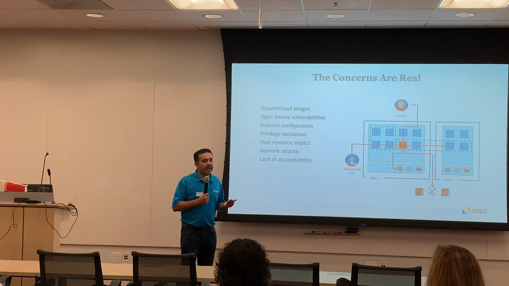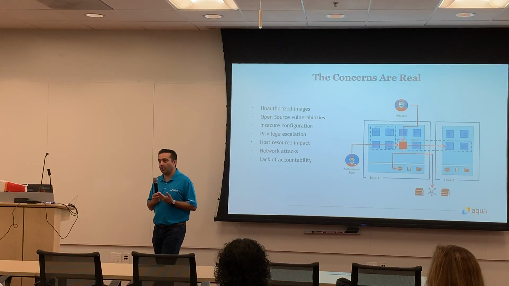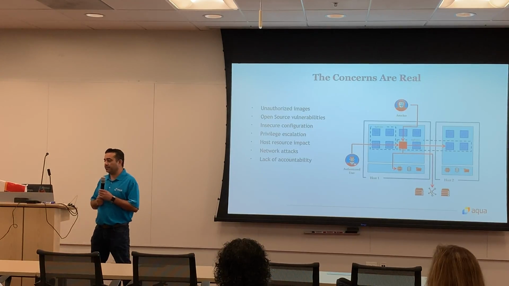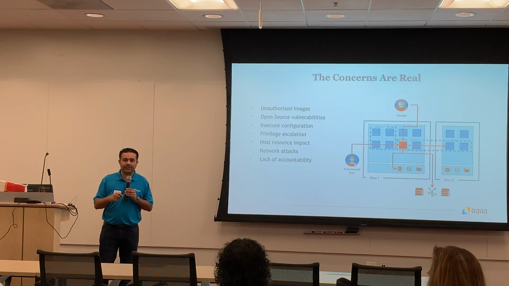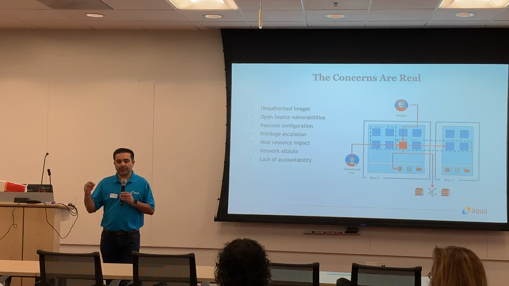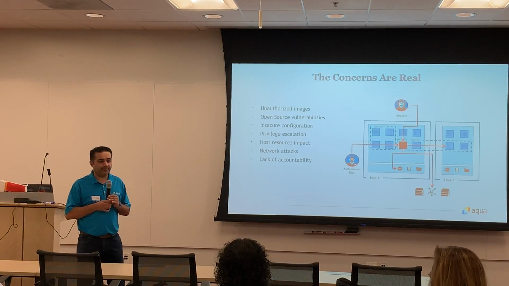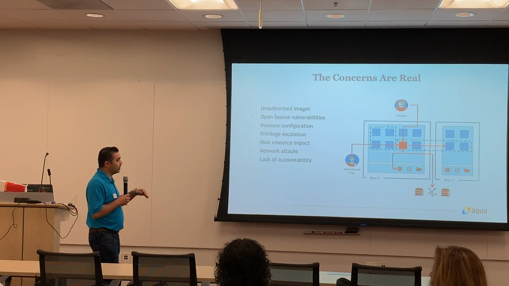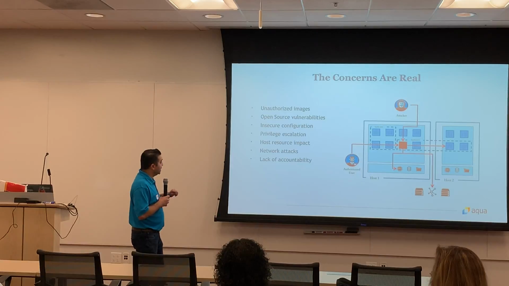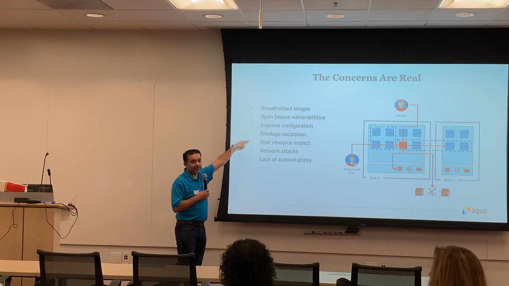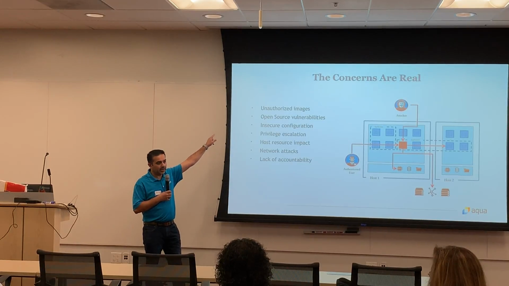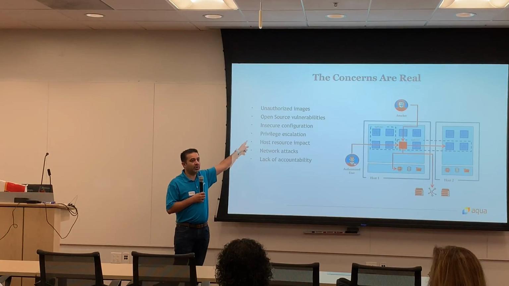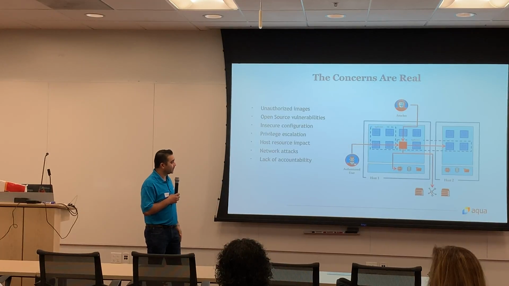A lot of development happens around open source libraries and open source packages. So you have to be able to scan those packages, those libraries, those scripts, whatever you're using, and be able to say, hey, these are clean, there are no vulnerabilities in them, and then I can go ahead and develop with that. Insecure configuration, remember that one. I'll show you what major companies got hacked because of insecure configuration.